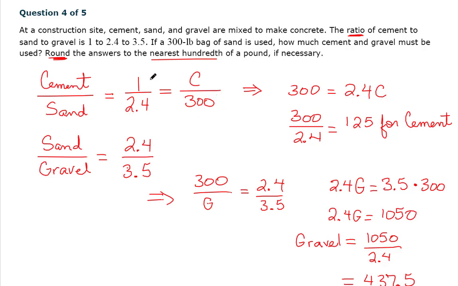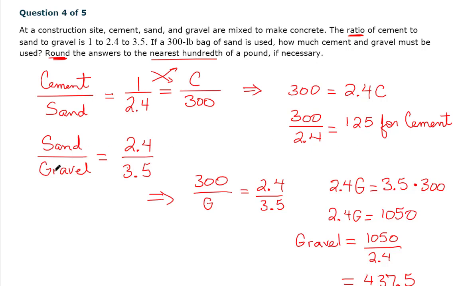I cross multiply, so multiply down and up. So 2.4C is 300. So divide by 2.4, and I get 125 pounds for the amount of the cement.